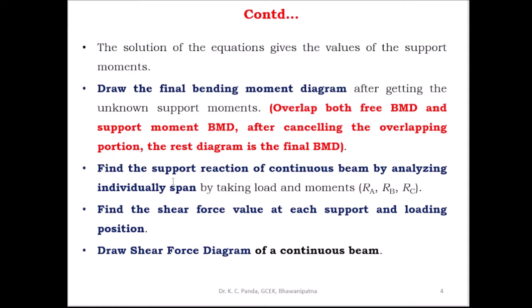Then find the support reactions of the continuous beam by analyzing each span individually, taking both load and moments. Then after knowing the reactions, find the shear force value at each support and at different positions. Then draw the shear force diagram of the continuous beam.